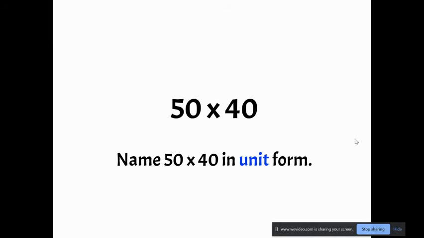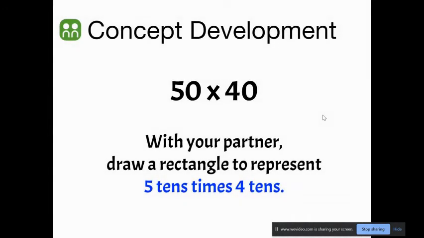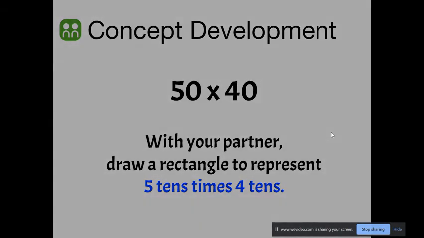Let's try another problem together. This time we're going to do 50 times 40. So let's say 50 times 40 in unit form. That's 5 tens times 4 tens. Now we're going to draw a rectangle to represent 5 tens times 4 tens.